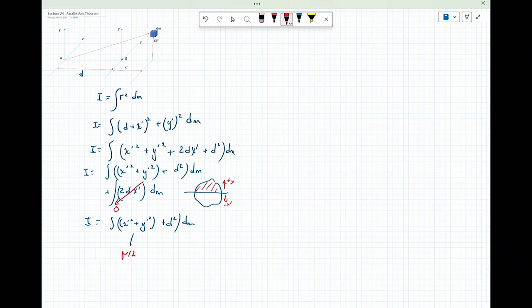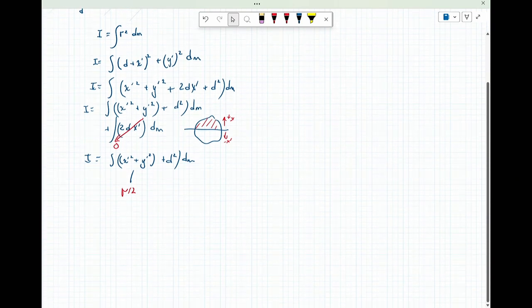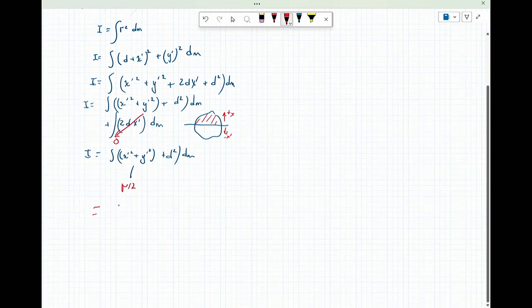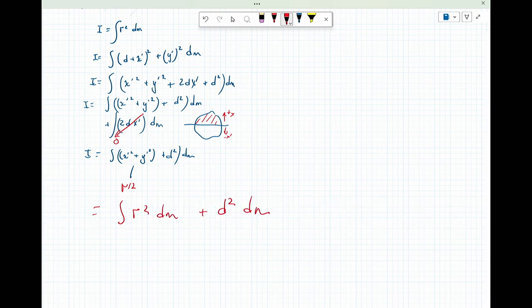And this last point is kind of weird, but it's a constant length. And so I get out of that the integral of r prime squared dm plus d squared dm. And this first term is I sub g, and the second term is m d squared. And that becomes the parallel axis theorem.